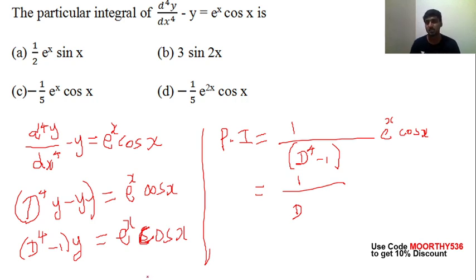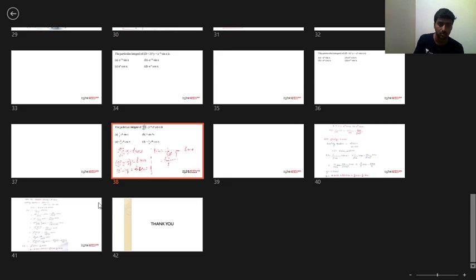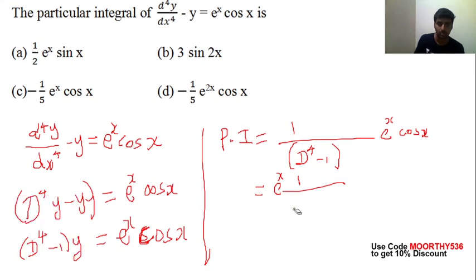So D power 4 is replaced by (D square) the whole square. Taking e power x to the front, instead of D we substitute D plus 1.